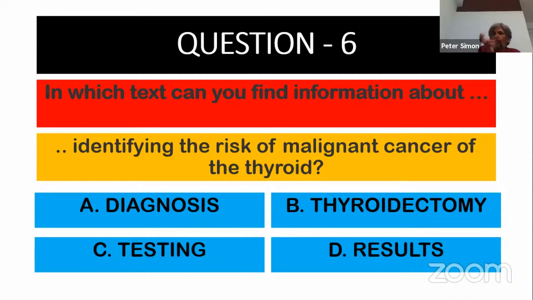You have to understand that related word, and then you can give the answer. So this identifying the risk is related to diagnosis. Identify means what? Is it diagnosis, or results, or testing, or thyroidectomy? That is how you are going to identify. Next question.